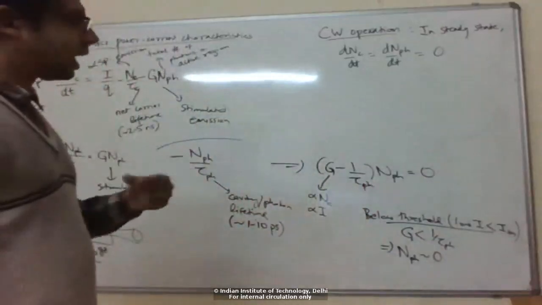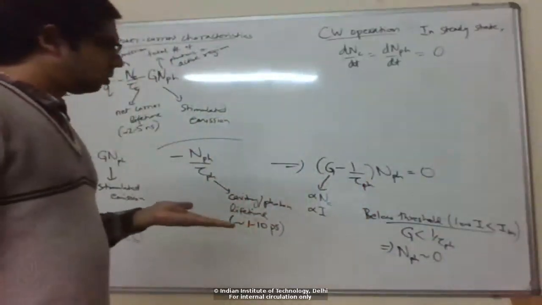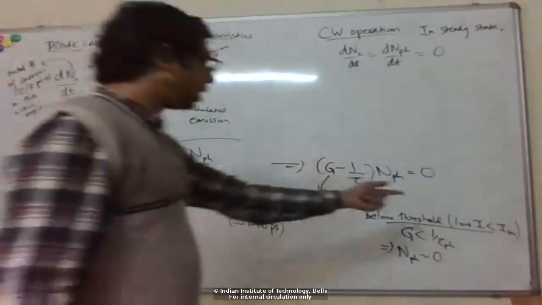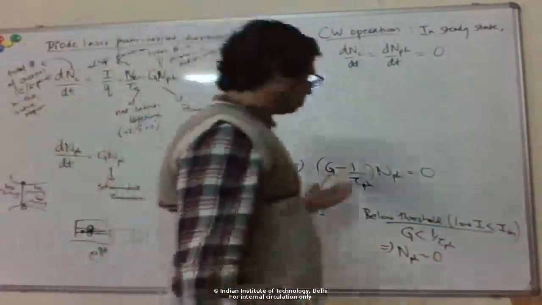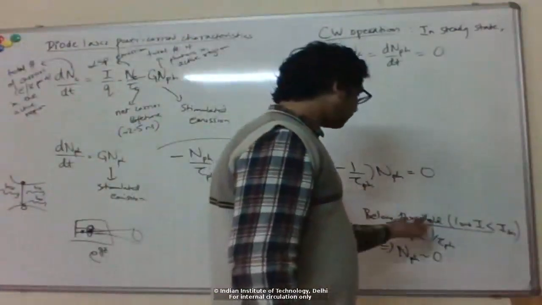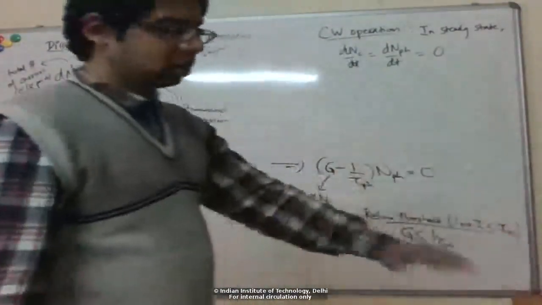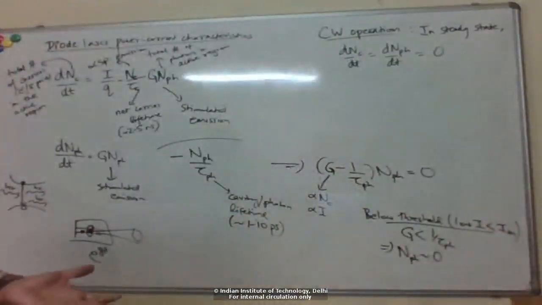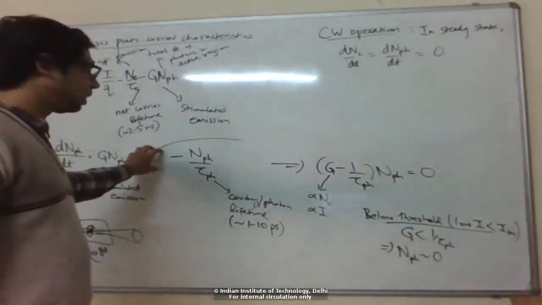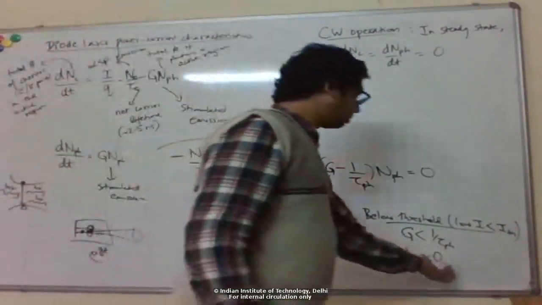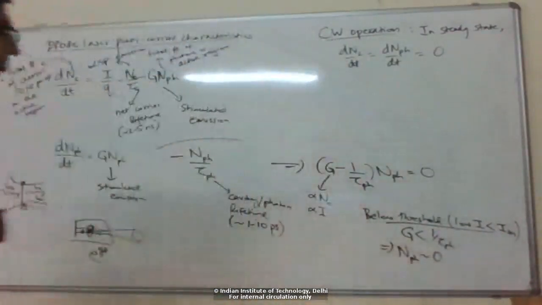But that output will be very small compared to what we'll get above threshold. So for all practical purposes, to first order approximation, there is no light output below threshold. There is some finite light output, but that value is very small, and since we've neglected the spontaneous emission, we are seeing this.